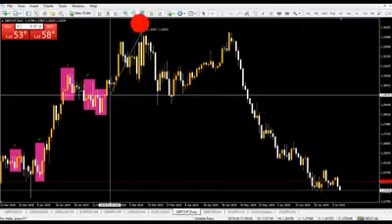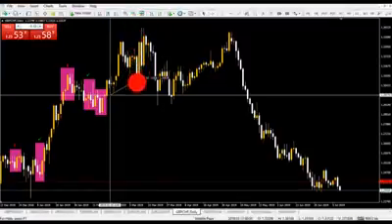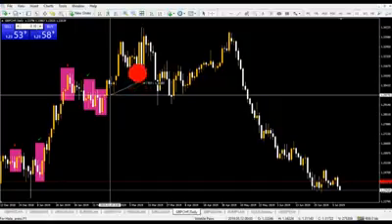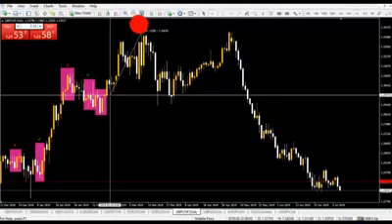But I'll tell you, if I am 450 pips in profit, certainly I'm taking a little bit off of this trade. I'm moving my stop loss up as the trade is going.